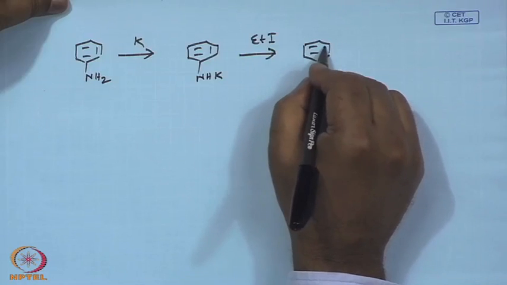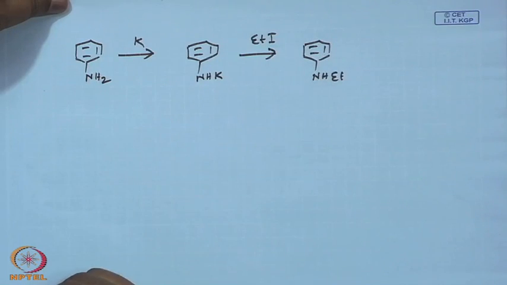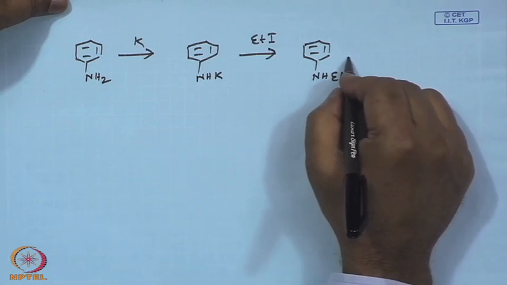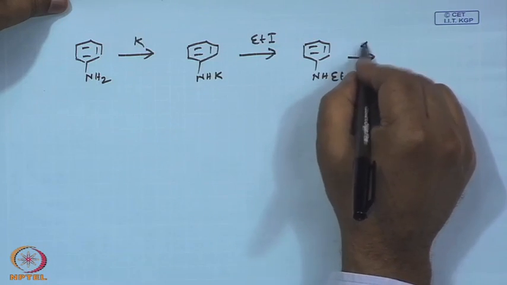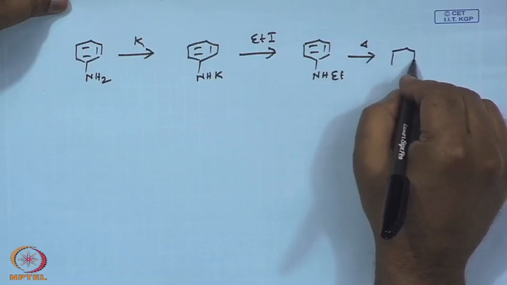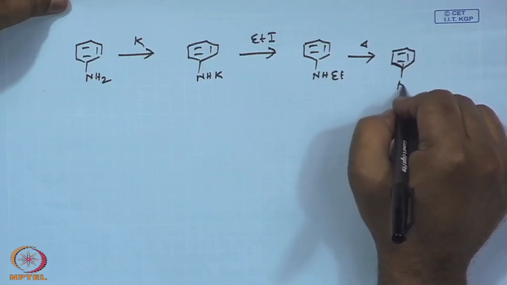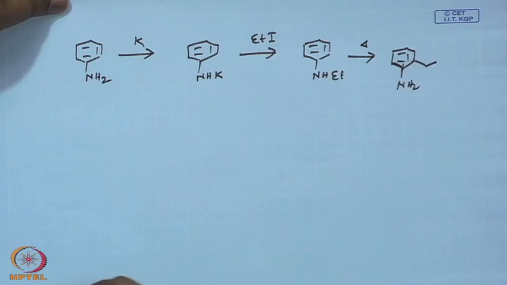You expect this NH gets alkylated with ethyl, fine, and then if you further heat, what do you expect? Very good. So it is predictable, and the ethyl will migrate to this.